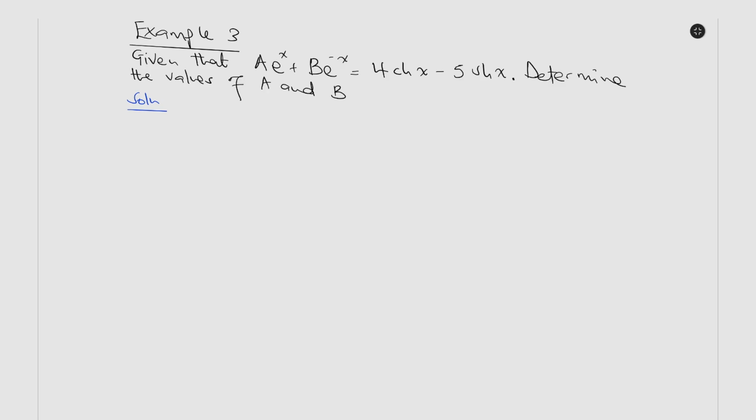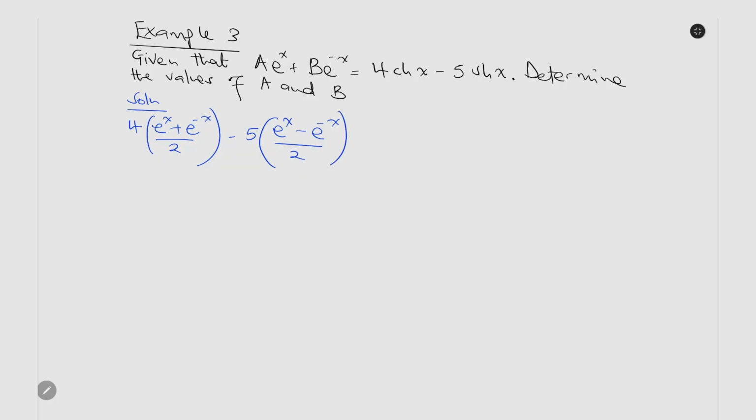So the right hand side, we will have 4. We know what cos x is. Cos x is (e^x plus e^(-x)) over 2. I hope by now that's okay with us. Minus 5 sin x, where sin x is given by (e^x minus e^(-x)) over 2.